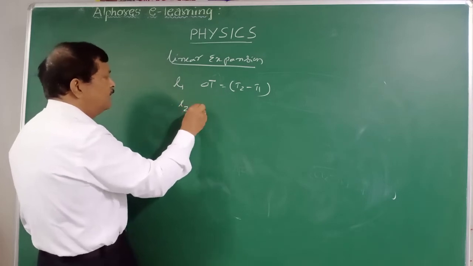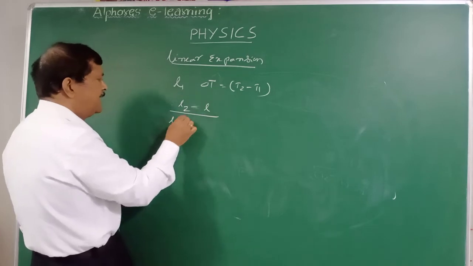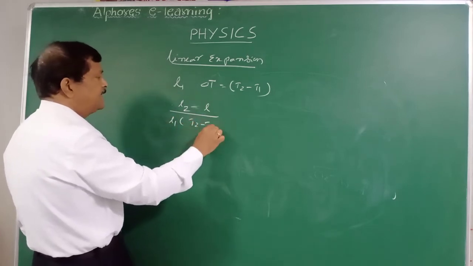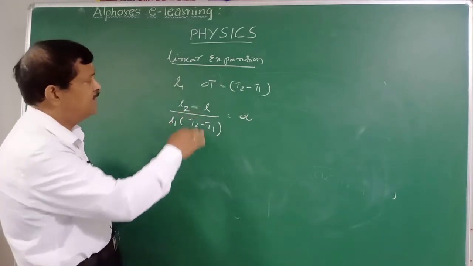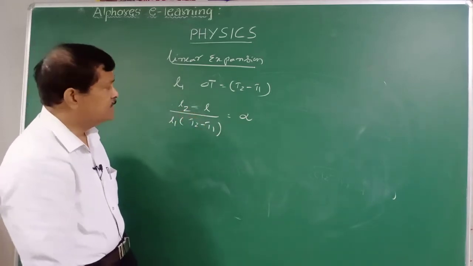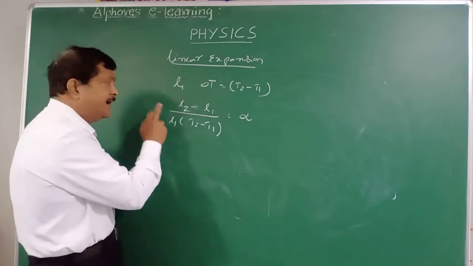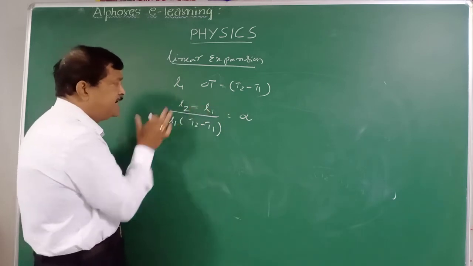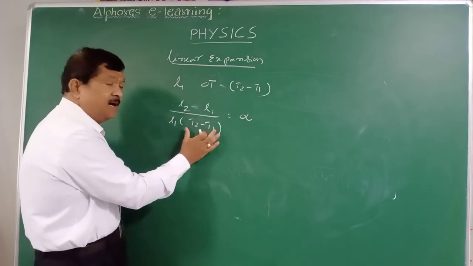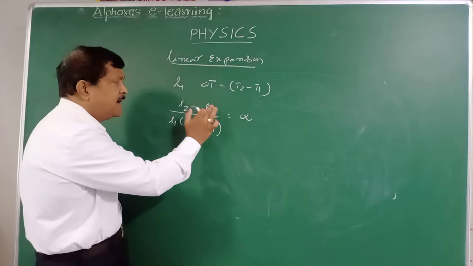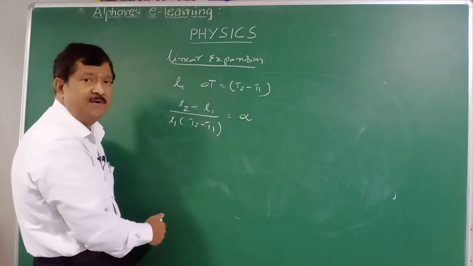So L2 minus L1 divided by L1 of change in temperature T2 minus T1, this we have defined as alpha. So change in length is L2 minus L1, divided by the initial length and change in temperature, L2 minus L1 by L1 of T2 minus T1. This is the value of alpha we have defined.